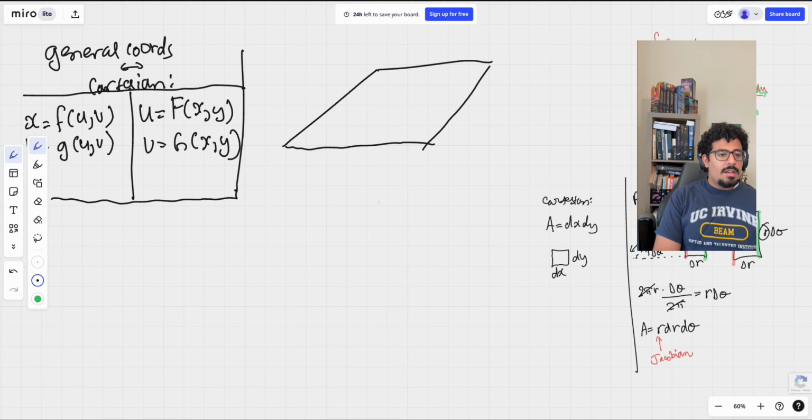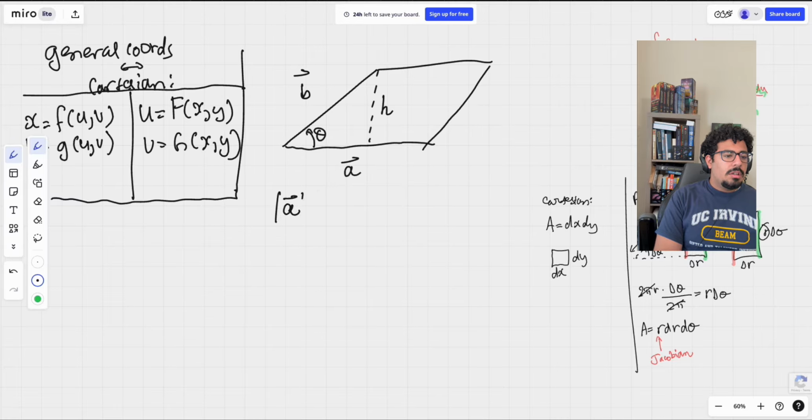So the area of a parallelogram, actually, let's just say that this side length is a vector A. This side length is a vector B. The area of a parallelogram, given theta over here and given the height, is the magnitude of A times the height.